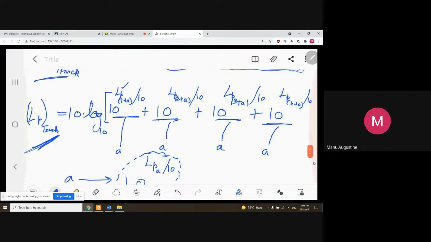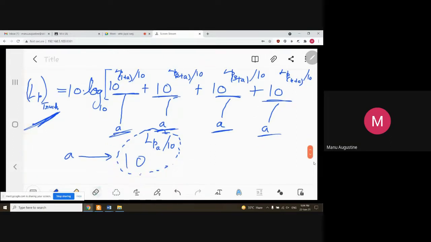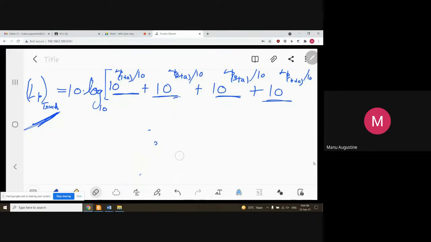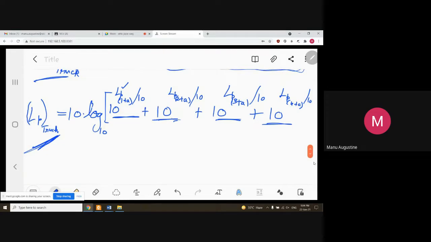And since there are 4 ambient parts that I want to remove from this sum, all that I have to do is I simply go ahead and make use of this calculation. From the sum of these components, I subtract 4 times the ambient part, that is LPA upon 10. This is all that I have to do.